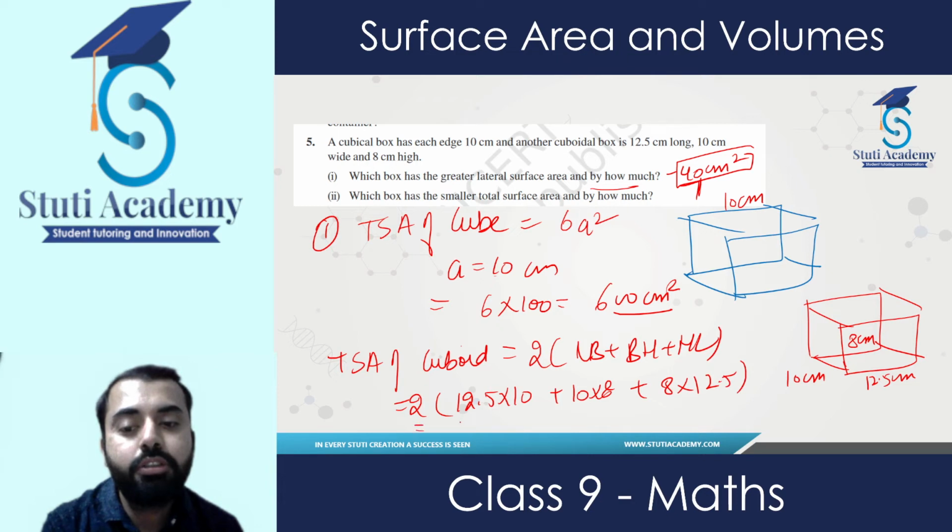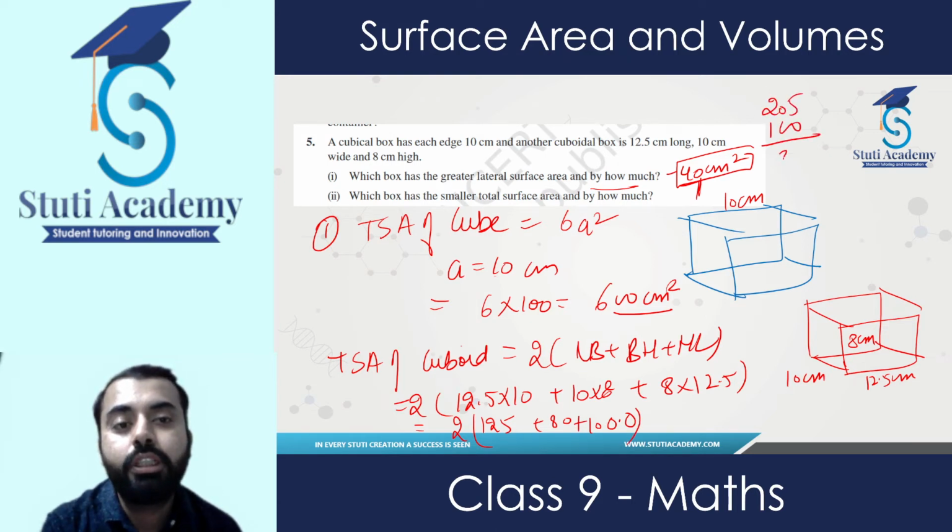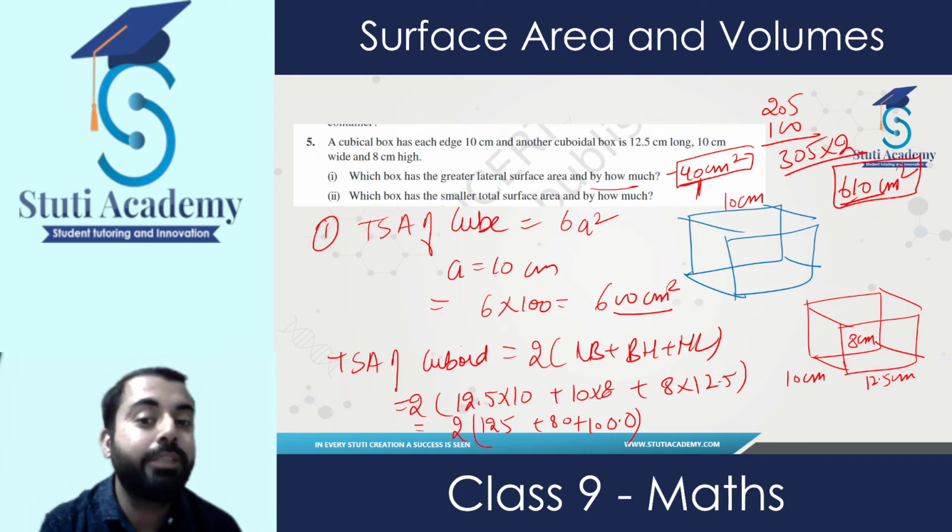Now you guys know this. You get here 50, you get here 80, and you get here 40. Add them: 50 plus 80 plus 40, you get 170, multiplying with 2. Its total surface area is 340 centimeter square.